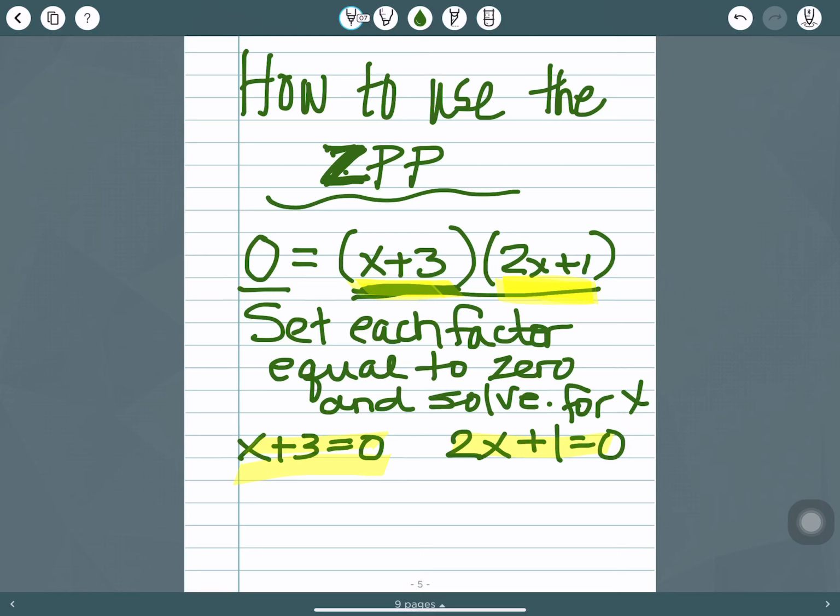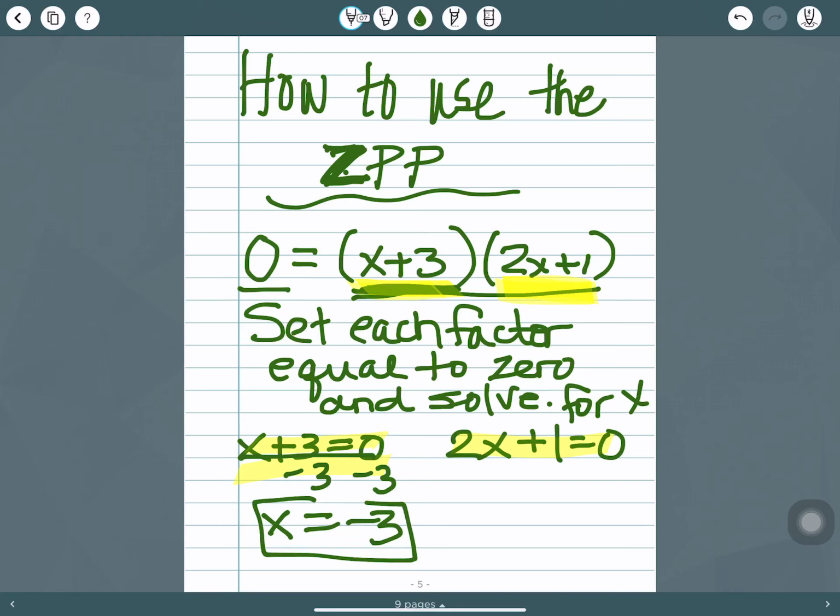Okay, so all that practice you did learning how to solve a regular equation with x is now going to come in handy. So to get x by itself, we're going to start with x plus 3 equals 0. I'm going to subtract 3 from each side, and I'm going to get x equals negative 3.